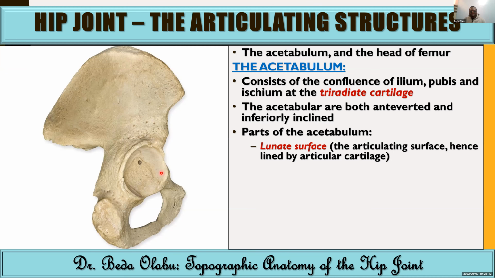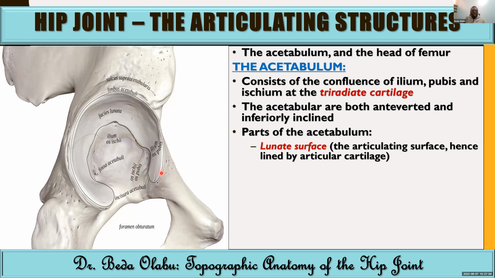And because it is the part that makes contact, it is lined by articular cartilage. Remember, articular cartilage is a type of hyaline cartilage. We usually find it in synovial joints. And so the lunate surface is covered by the articular cartilage. It's the articulating surface, remember.